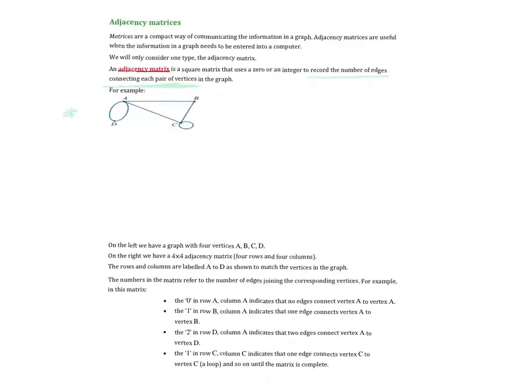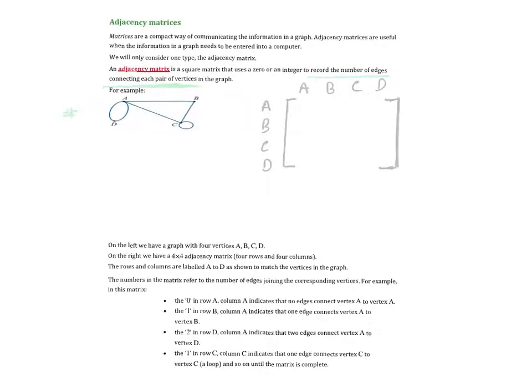So that's what we're going to do when we put together our adjacency matrix. It's always going to be a square matrix. Now, if you recall from matrices, a square matrix is when the rows and columns are the same. So here, because we have 4 vertices, A, B, C and D, that'll go up the top and it goes down the side as well. So it's a 4 by 4 matrix.